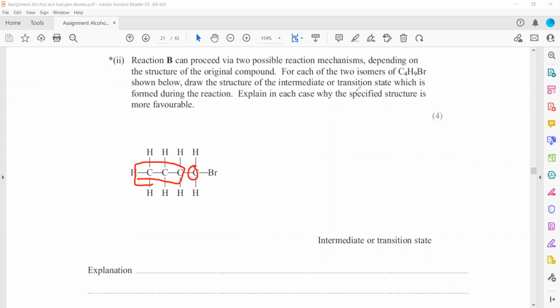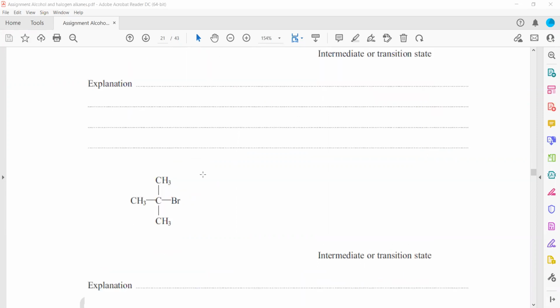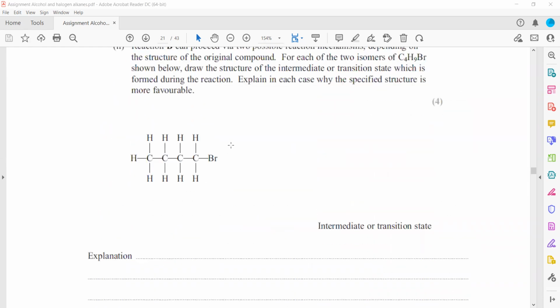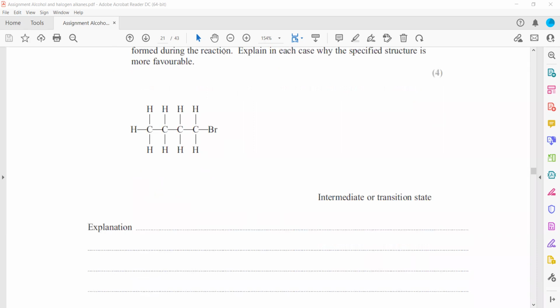And the second one, which is given below, is a tertiary. So first the bond will break and then the bond will form. When we draw the intermediate here, I can just make it short: this is a carbon C, hydrogen, one hydrogen down, and two, three carbons are there, so C3H7, and then Br.